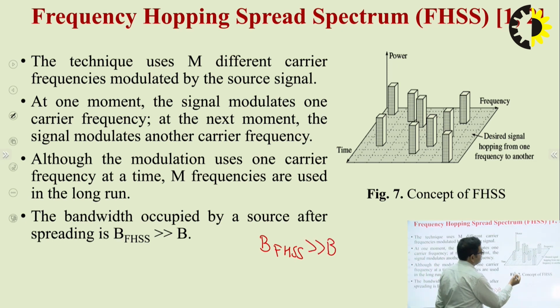In this figure, we have shown the concept of the frequency hopping spread spectrum technique. These columns represent the frequencies, how frequencies are jumping from one frequency to another. For a particular instant of time, the frequency is this, but at the next time, it is clearly visible that the frequency has changed.